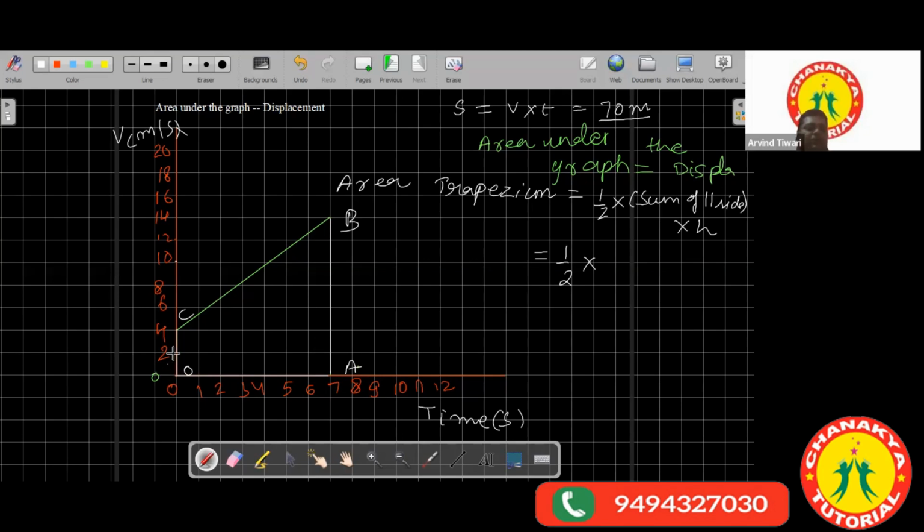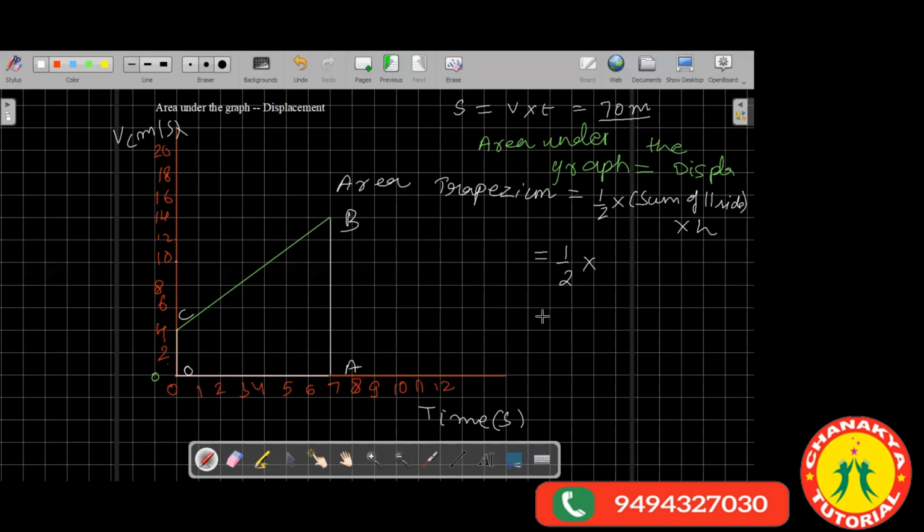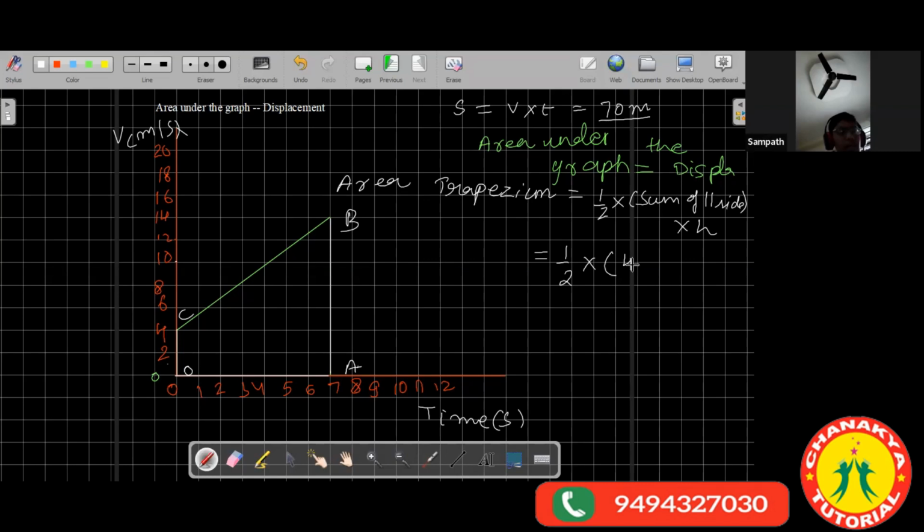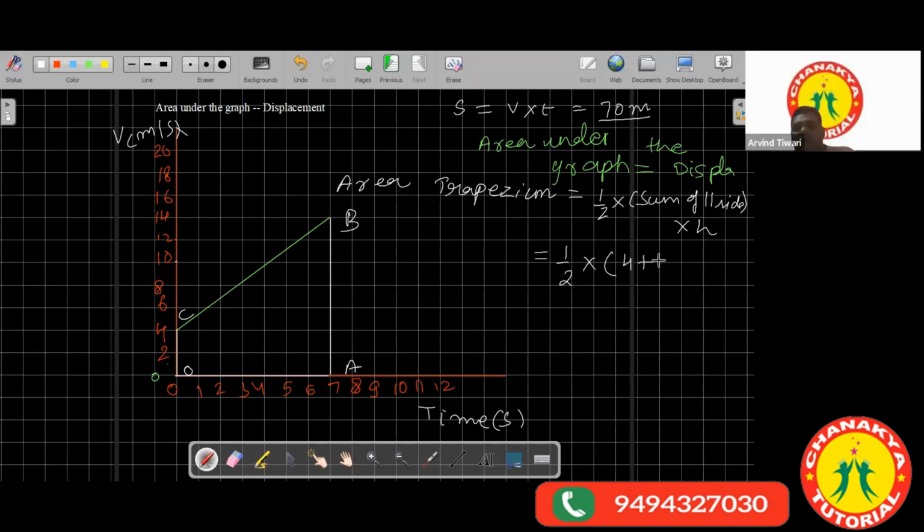And what is the length of OC? 4 meters. And AB is 14 meters. So we have 4 plus 14.